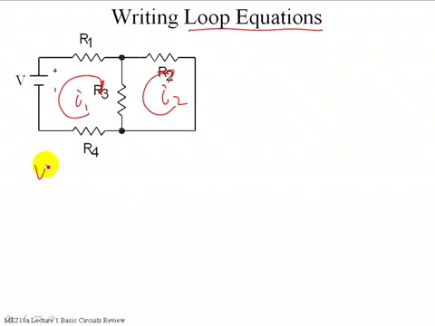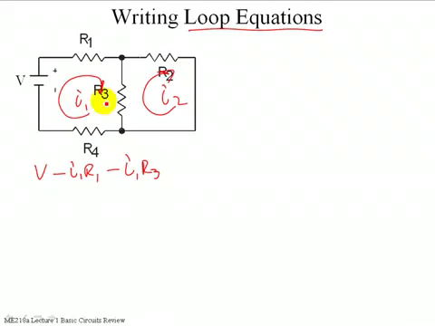So we could write the equation for this. We start with V and we go minus I1 times R1, and then minus I1 times R3. And here's one of the other things you have to be careful of when writing loop equations. You've got to capture all of the currents that are going through every component, not just the current loop that you are analyzing right now.